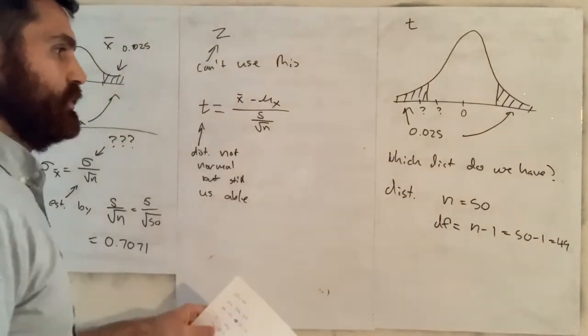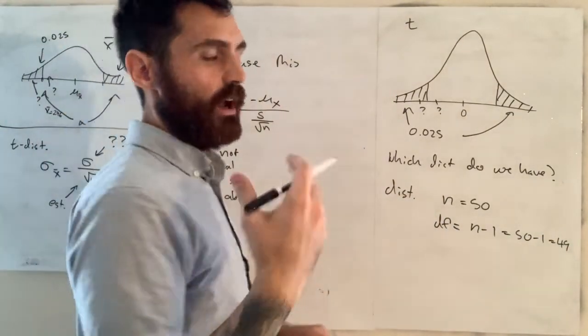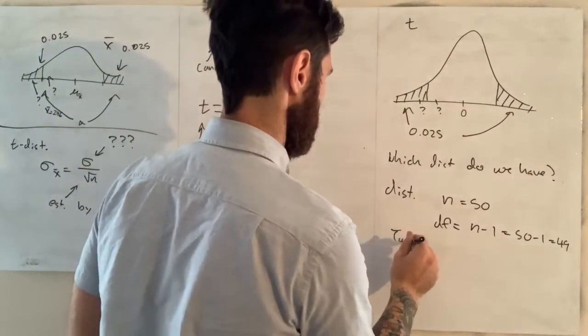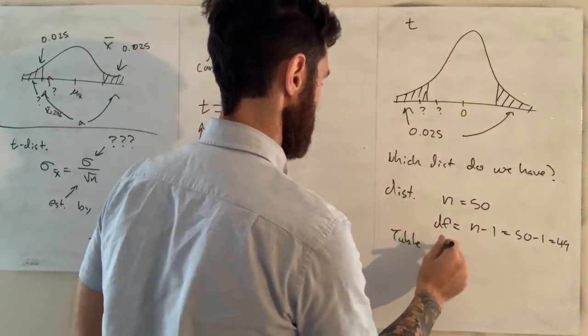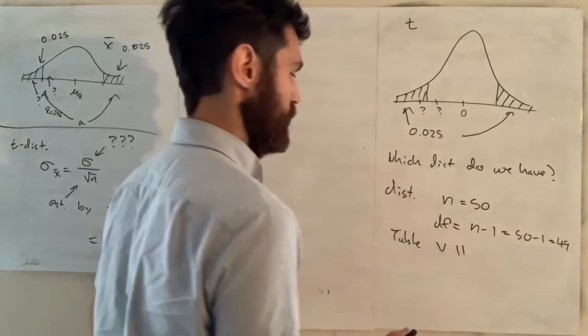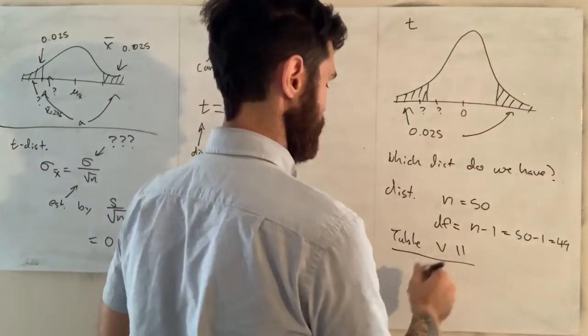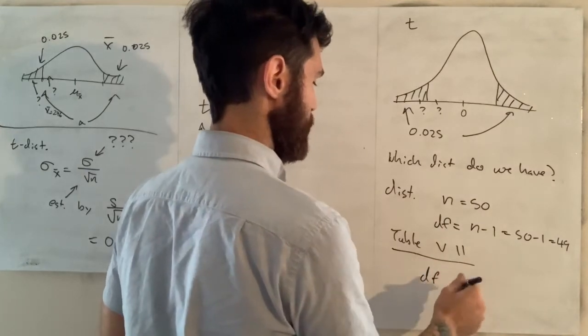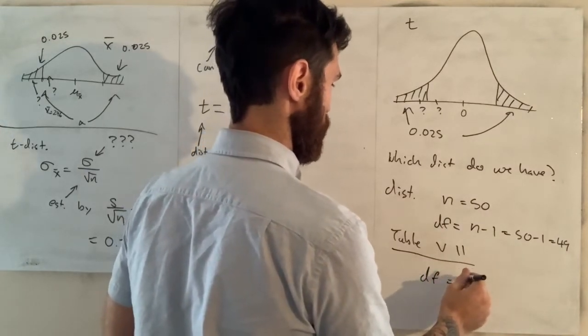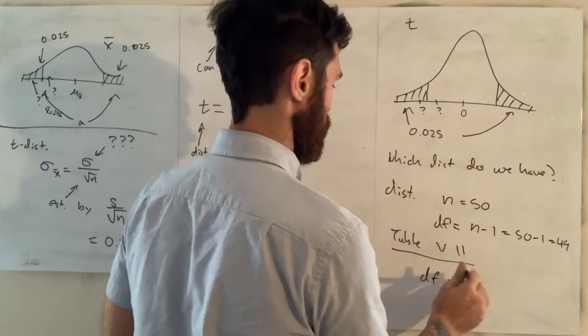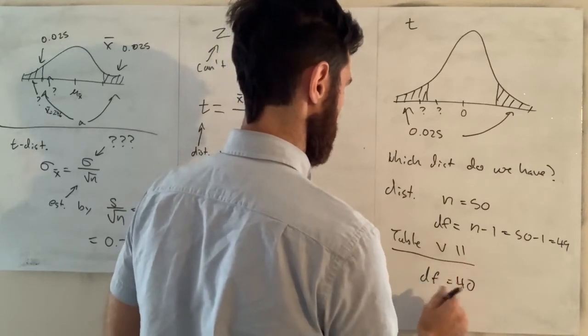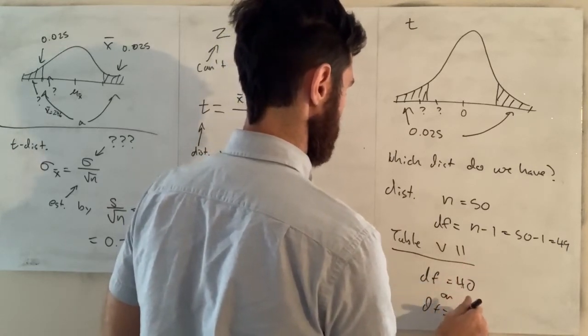And what you can do is look up table 7 in the back of the book, and it gives you a distribution list for degrees of freedom equals 40 or degrees of freedom equals 50.